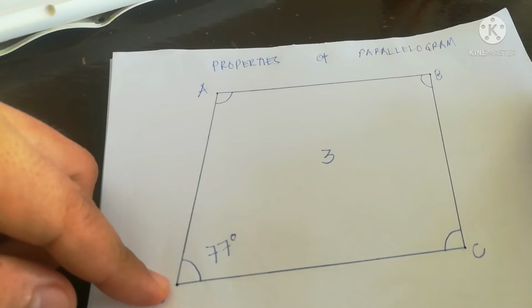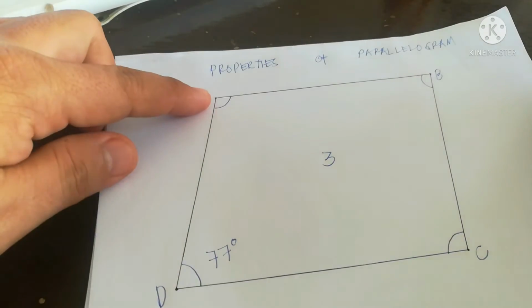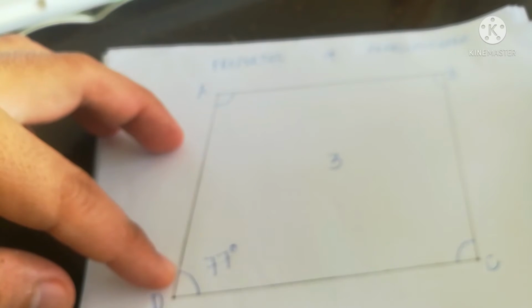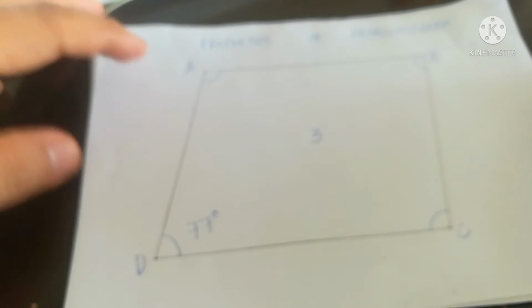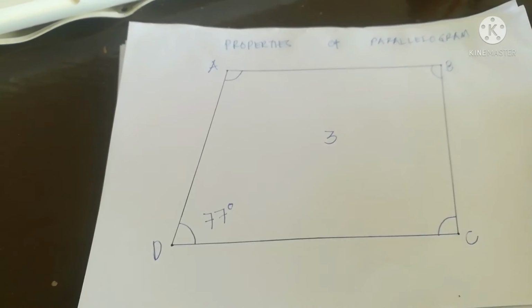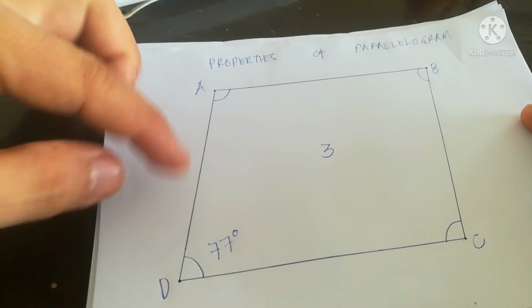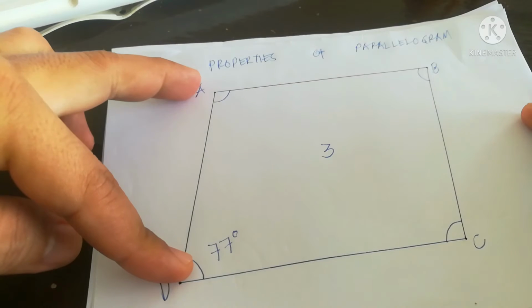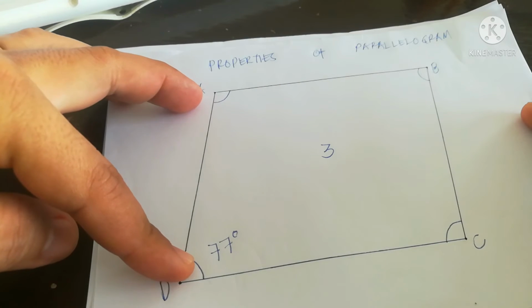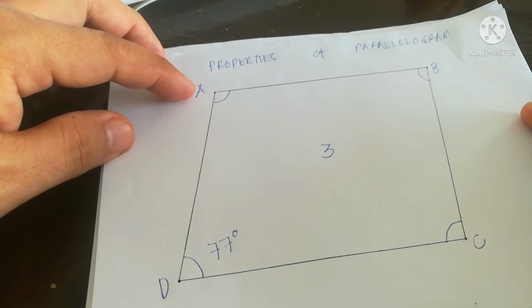Iyang kasunod. So, ang iyahang kasunod is angle A or angle C. So, if this is 77 degrees, what is angle A? How to determine the measure of angle A?